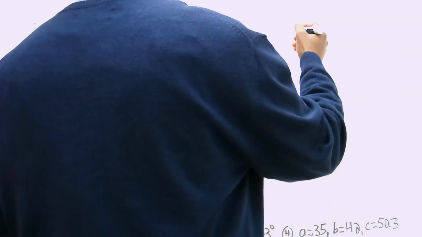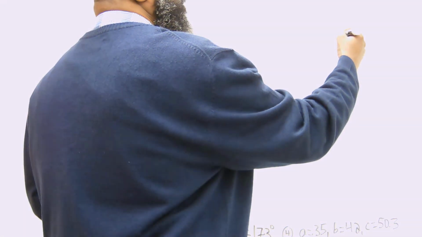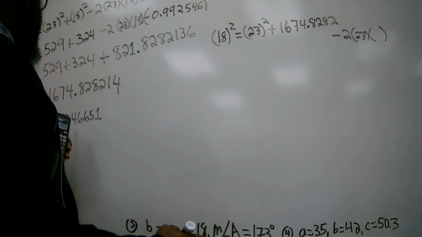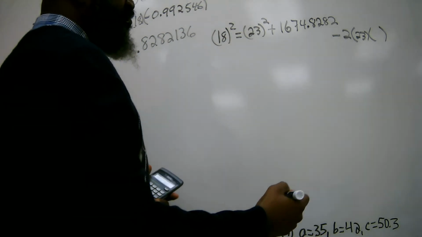A squared is 1674.82, minus 2 times 23. And the rounded number for that will be 40.92. So I'm not going to use the 40.9 because it's more than that. So be careful when you're doing that. That will be 40.9247.